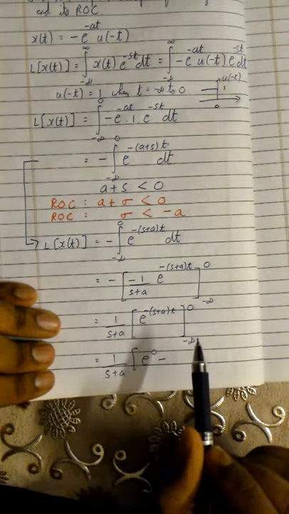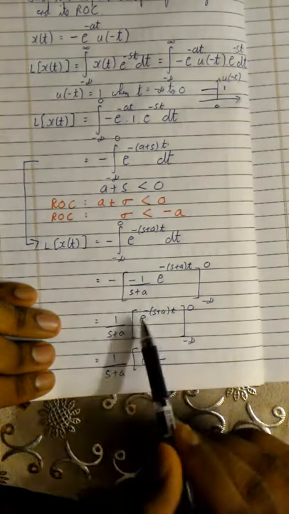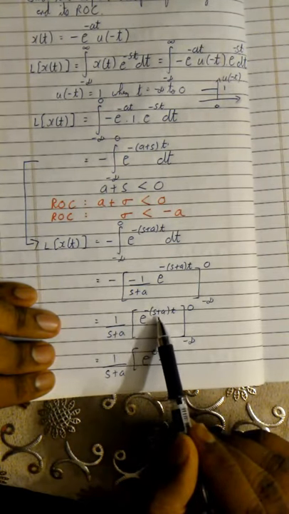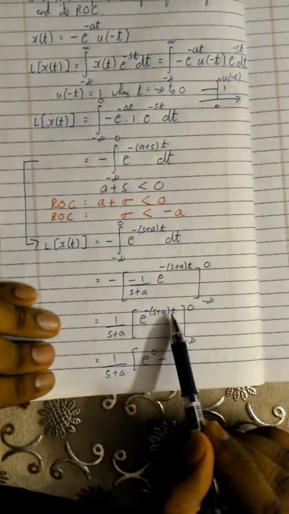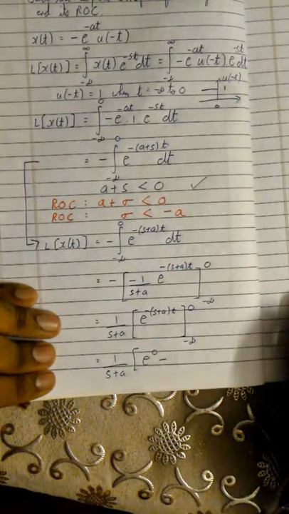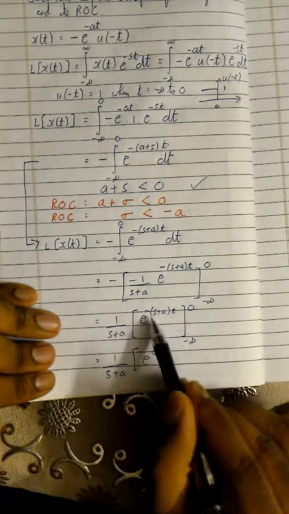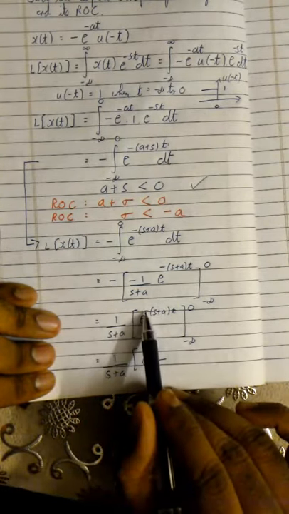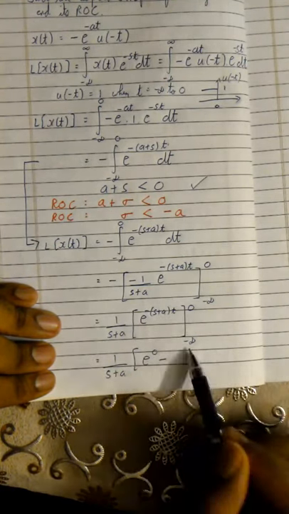That's actually wrong, because you are forgetting about s plus a, right? S plus a is also a negative value. So in this expression, there are 3 negative values: this minus, and s plus a is also a negative value, and this t is also a negative value, minus infinity.